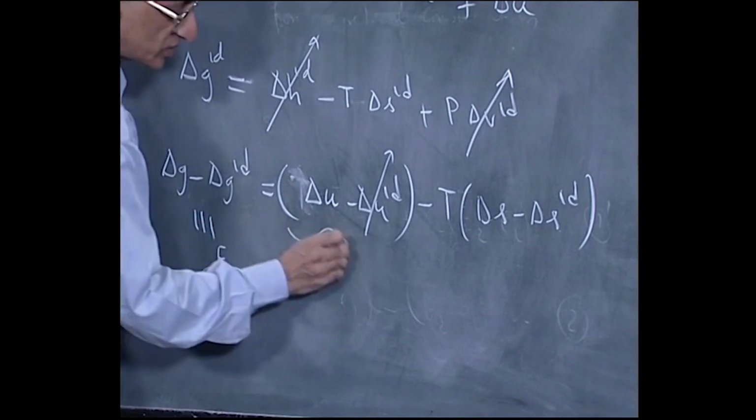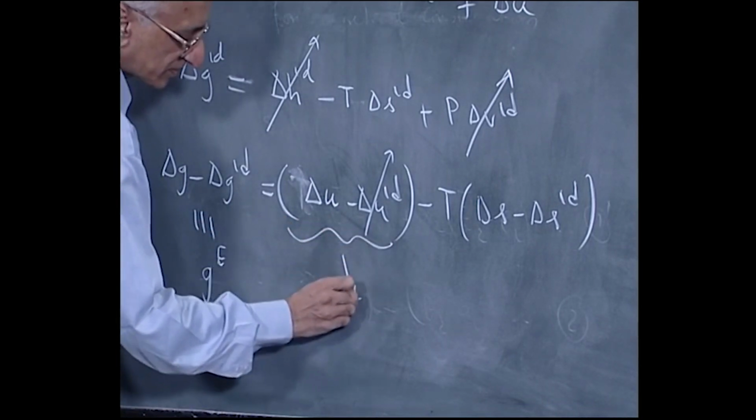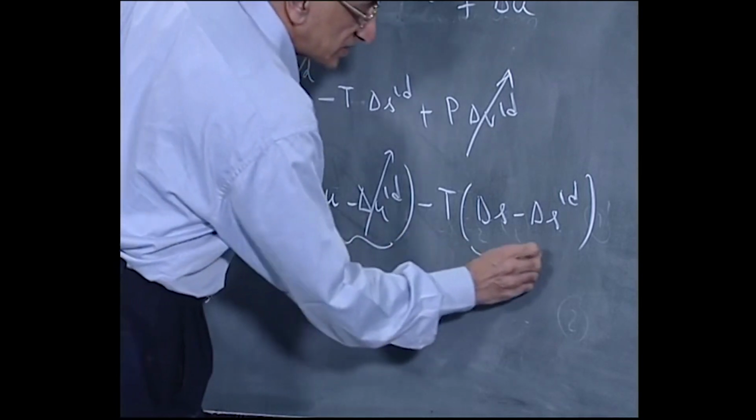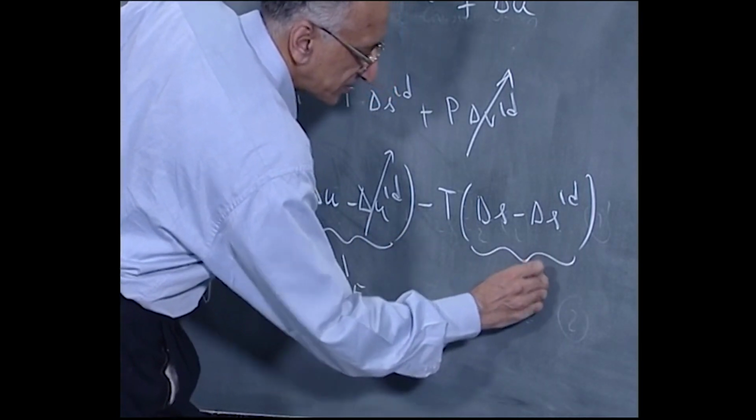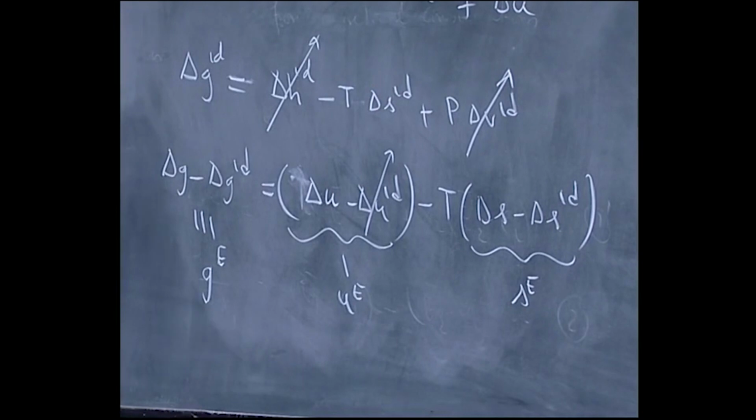Similarly this will be written as U excess, this is written as S excess. The superscript E is for excess, it means over and above the ideal case.